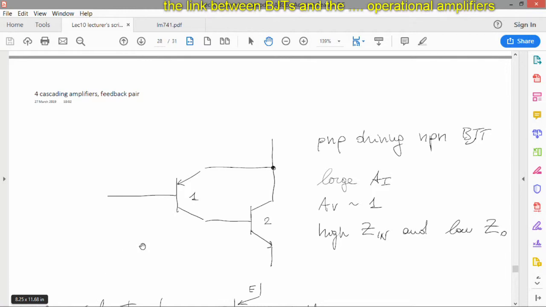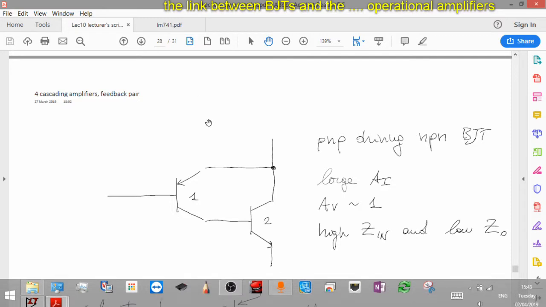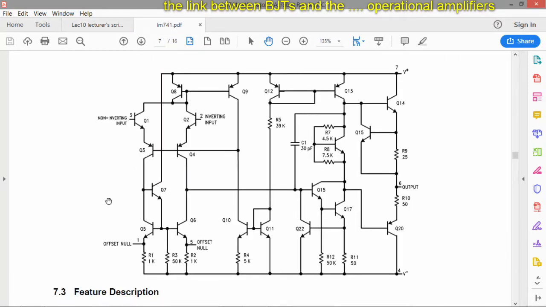In the feedback pair, you need the emitter or the collector connected to the base of the other, while here you have the emitter of this one connected to the base here. My problem is that the base of this one is connected to the collector of the other. It's a different configuration. I've seen it, and unfortunately I don't remember how it's called. I've seen it somewhere. Never mind.